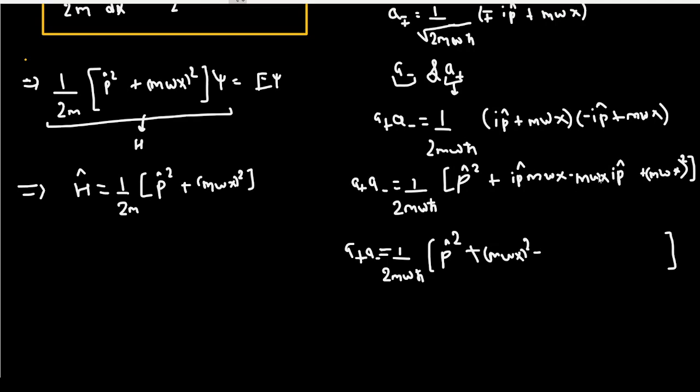Take this particular expression first. What we got is i m omega x p cap, and here if I take the minus p cap x.